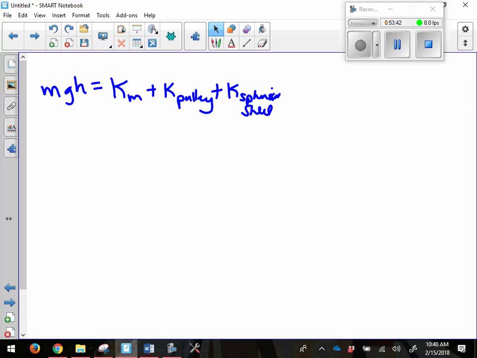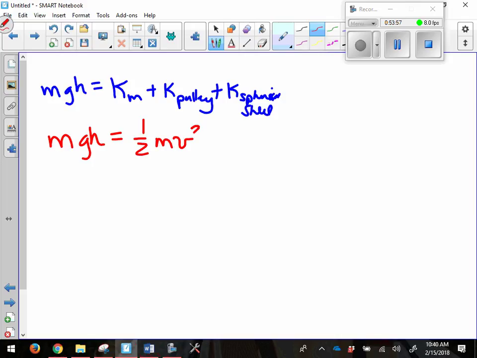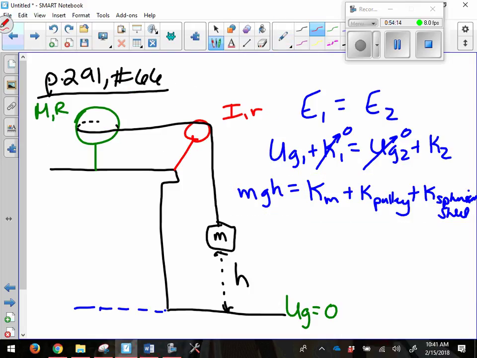There we go. So I've got my mgh. What's my formula for kinetic energy for that mass? They don't change, because it would be the same on this side of the equation as on this side, so they would cancel.